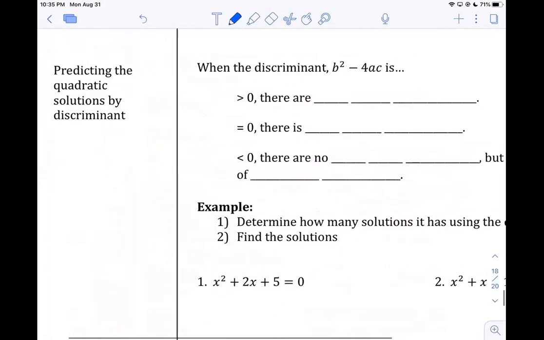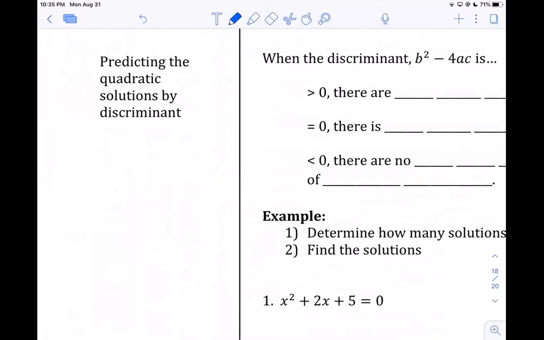All right, so the last part on this section is to predict the quadratic solutions by the discriminant. And what is the discriminant? Well, let's talk about quadratic. Quadratic means that the equation is in the form of ax squared plus bx plus c, right? Quadratic, remember, means second degree. So if we wanted to solve this equation for its solutions, then we can use the quadratic formula.